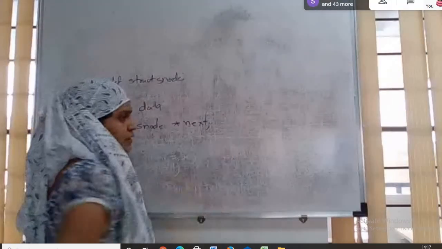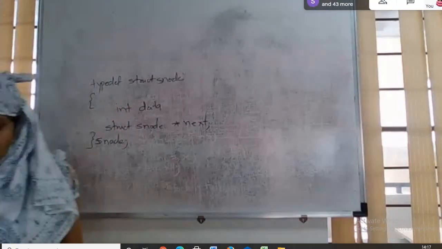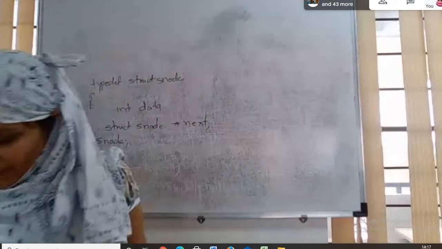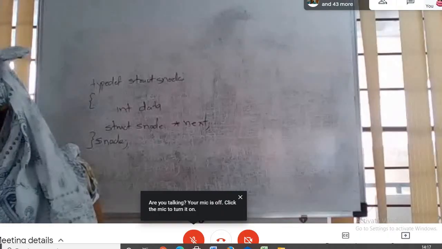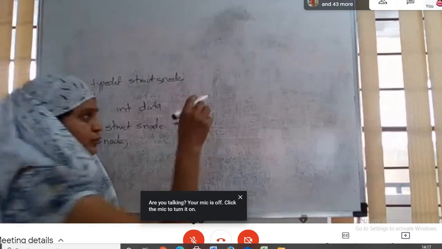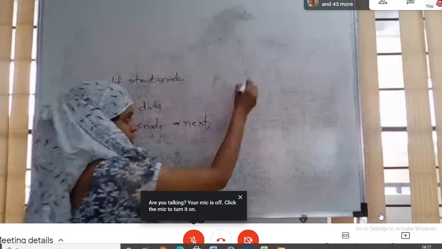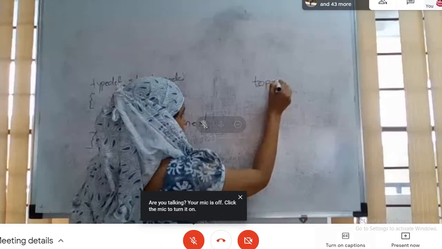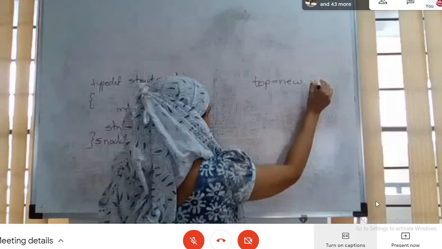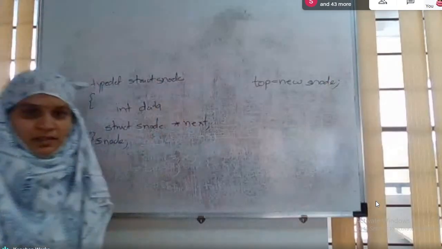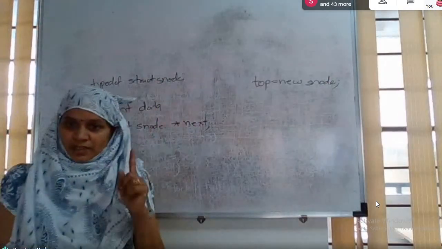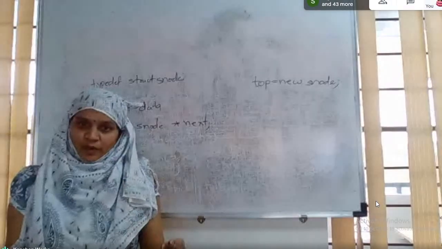So as usual, node creation के लिए कौन सा कीवर्ड यूज करते हैं हम? New node. Yes. So what we will do? We will use top equal to new S node. Yes. Because हम जो node first create करेंगे, top उसी को point करेगा.